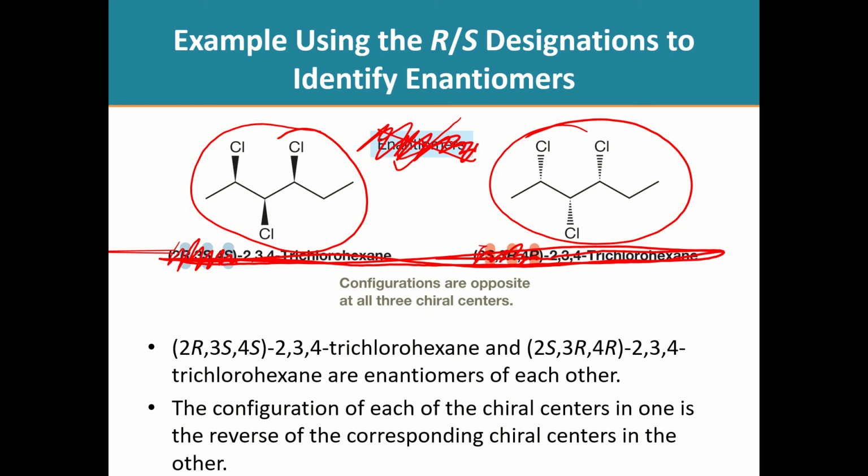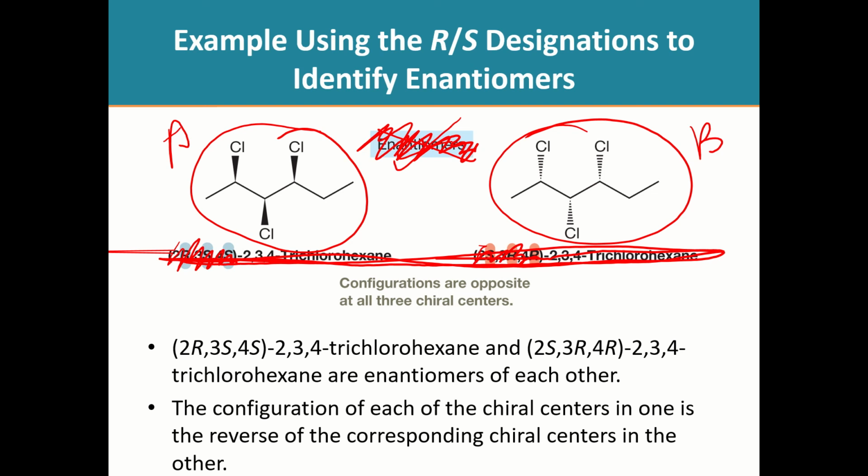Well, the first way that I taught you is, rotate the molecules, orient them to see if this molecule B is a mirror reflection of A. And if it's a mirror reflection and it's superimposable, then they're identical. If they're a mirror image and they're non-superimposable, then they are enantiomers.